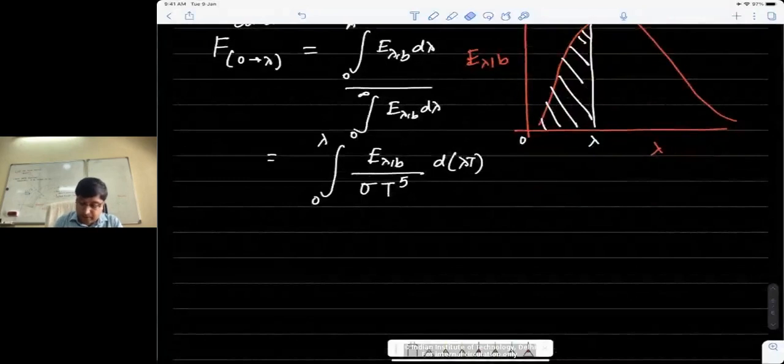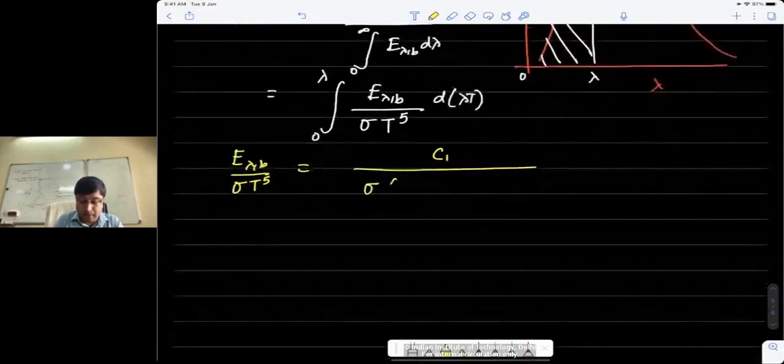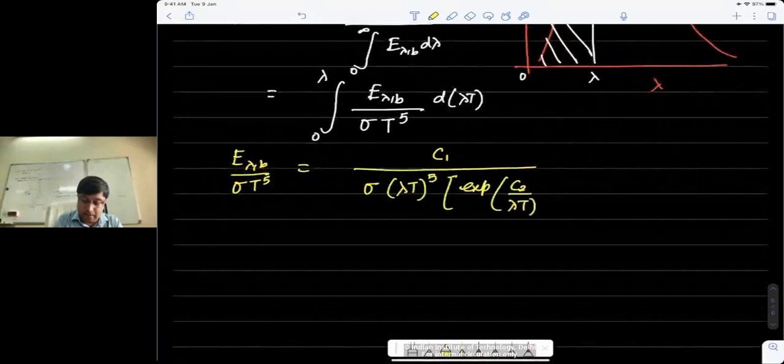If we look at E lambda b by sigma T to the power 5, what we will have is C1. Remember, there was a lambda to the power 5 in the denominator, so we'll now have sigma lambda T to the power 5 times exponential C2 over lambda T, minus 1.